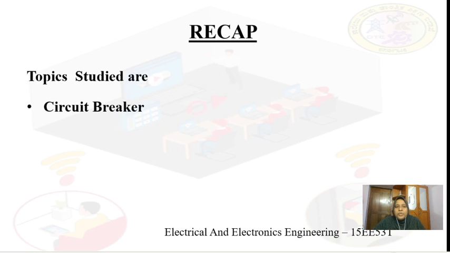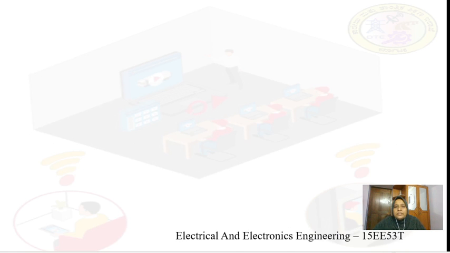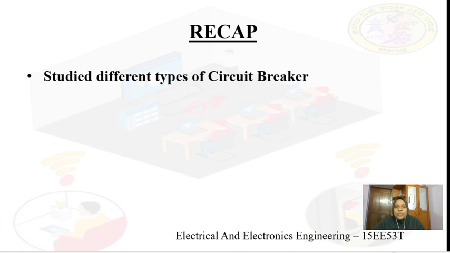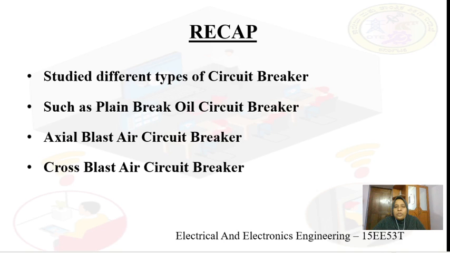The topics which you have studied are circuit breaker, working of circuit breaker by trip circuit mechanism, classification of circuit breakers, and in classification of circuit breakers you would have studied different types of circuit breakers such as plain break oil circuit breaker, axial blast air circuit breaker, cross blast air circuit breaker. Today's topic SF6 circuit breaker is a type of circuit breaker.